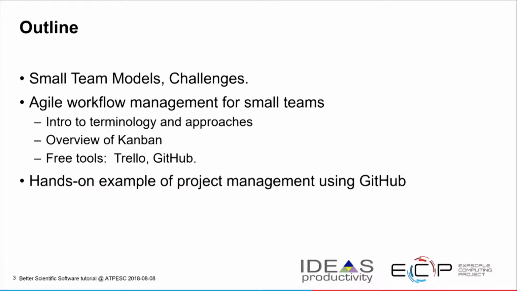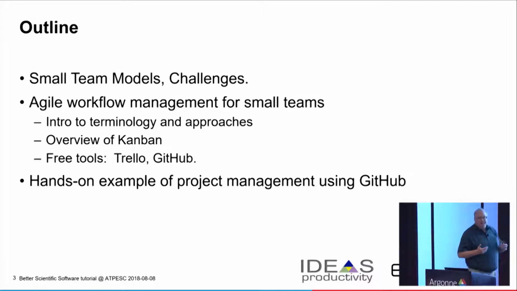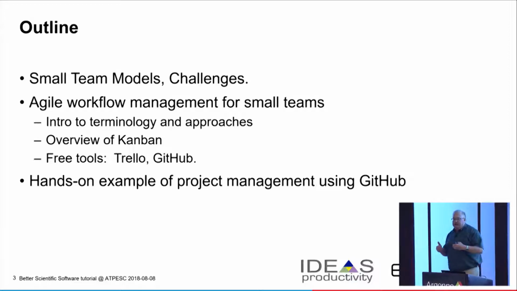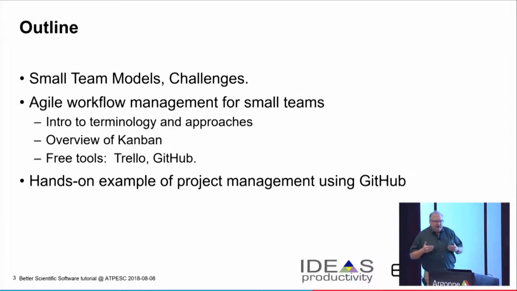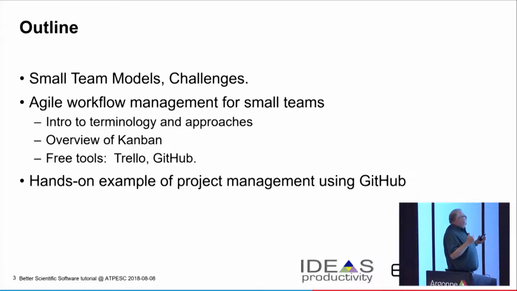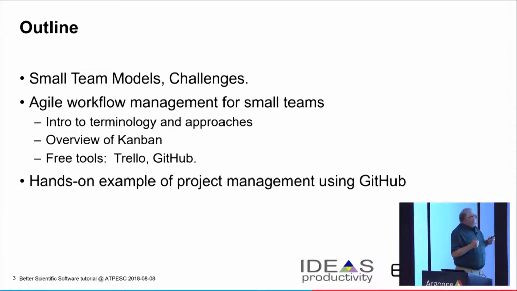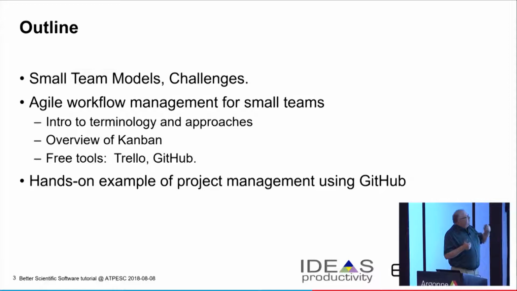And so what I want to cover in this presentation is a little bit about how to help teams work together. Okay, so we'll talk first about small teams because that's where really most of us work. Okay, and we'll talk a little bit about Agile workflow, different from the Git workflows.